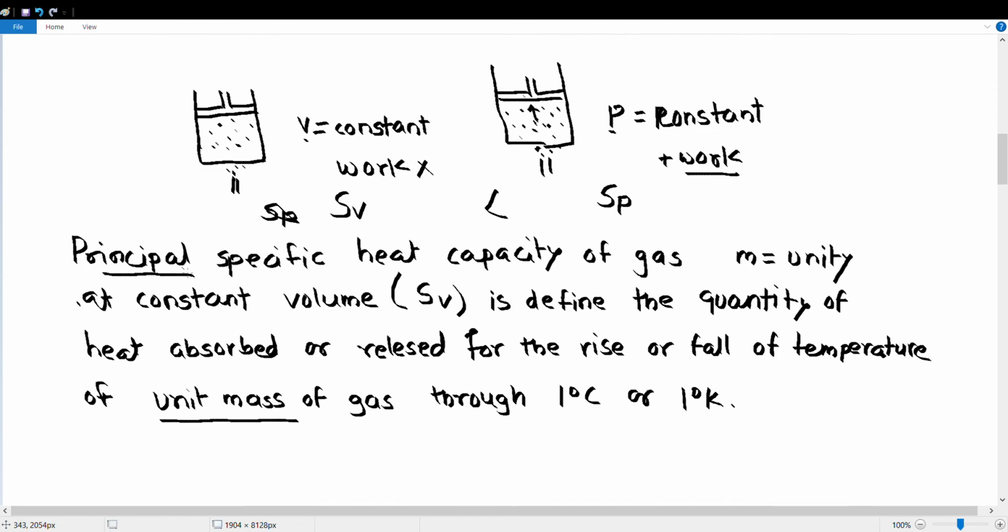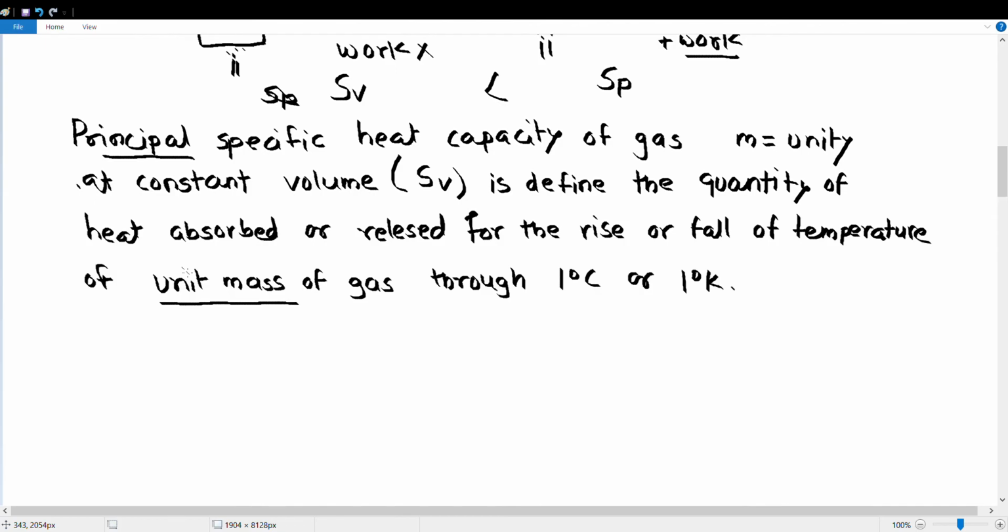Now again, let us see the definition. Principal specific heat capacity of a gas at constant volume is defined as the quantity of heat absorbed or released for the rise or fall of temperature of unit mass of gas through 1 degree Celsius or 1 degree Kelvin when its volume is kept constant.